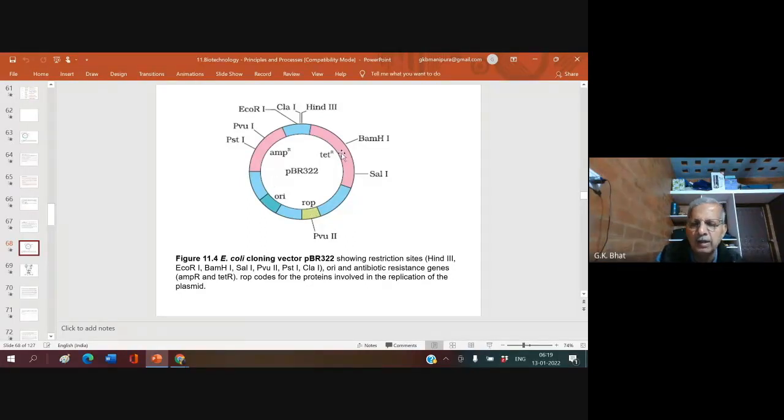So I repeat, this BamHI is a restriction site. HindIII is another restriction site, SalI, PvuI.